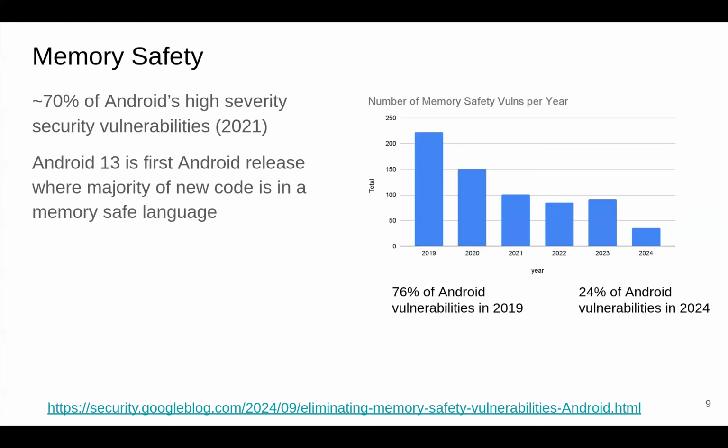We also see that the number of memory safety vulnerabilities reported in the Android-based system, at least, has declined since then. Which also means that we are making some progress, but there are still quite a few vulnerabilities remaining.